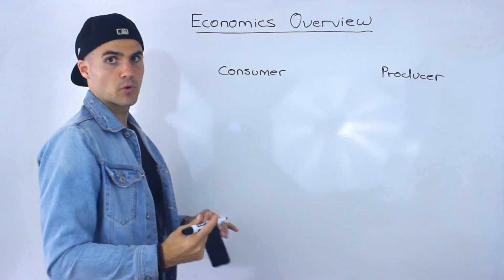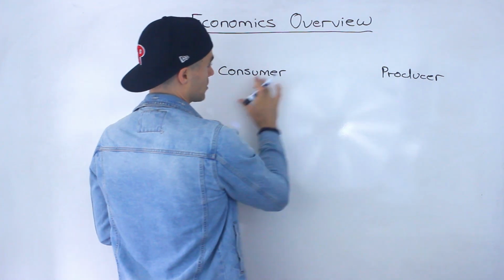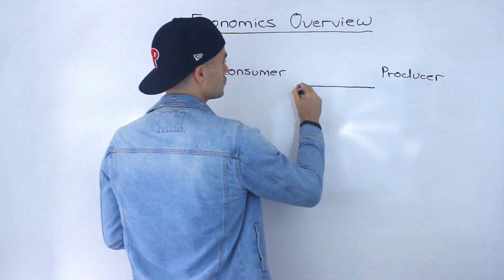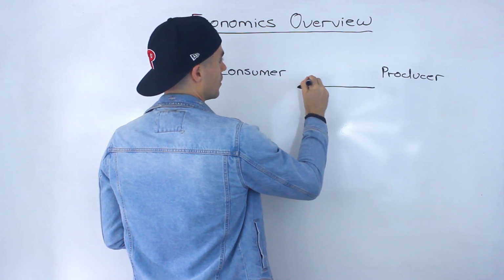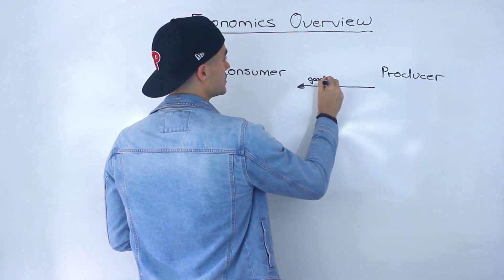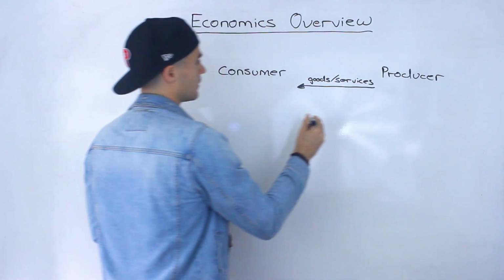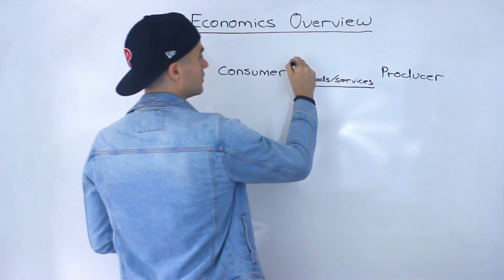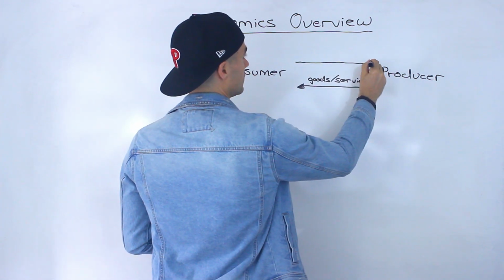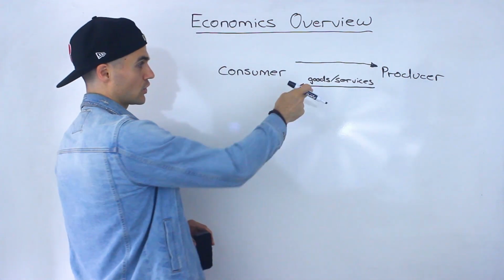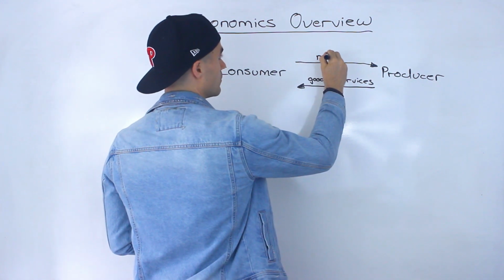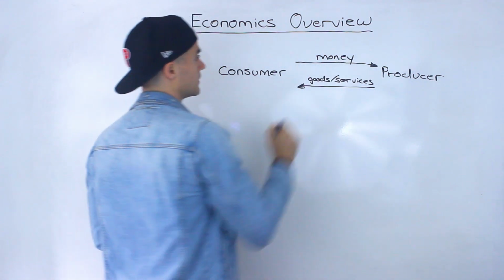More specifically, a producer provides a consumer with goods or services, and then a consumer provides the producer, in exchange for the goods and services, with money.